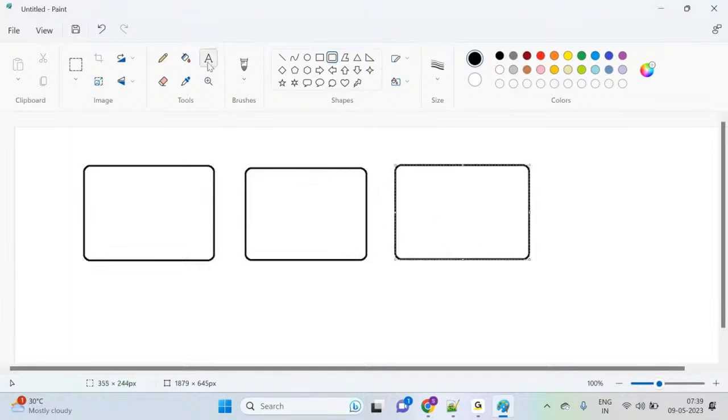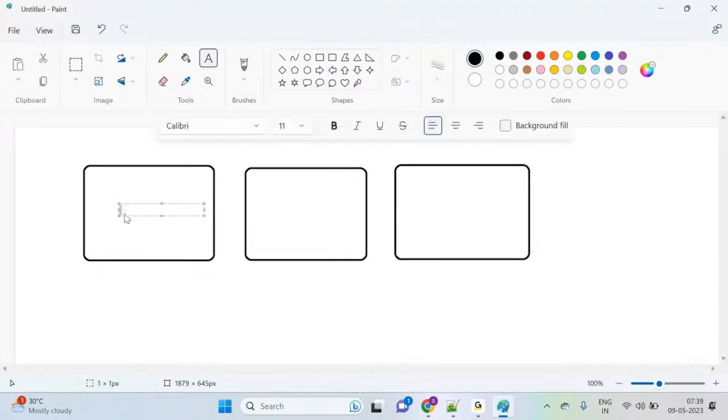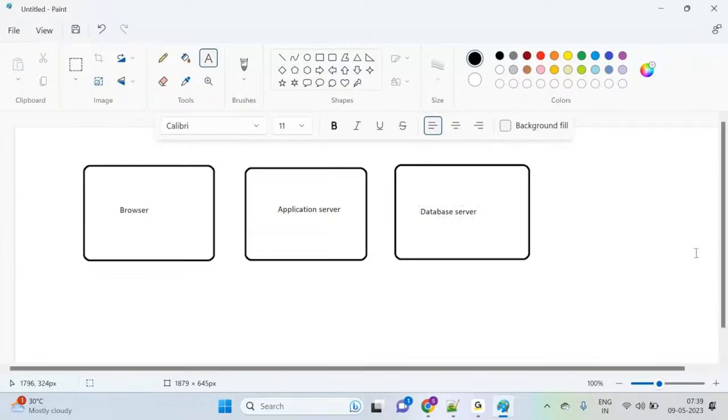So you have your browser, you have your application server, you have your database server.